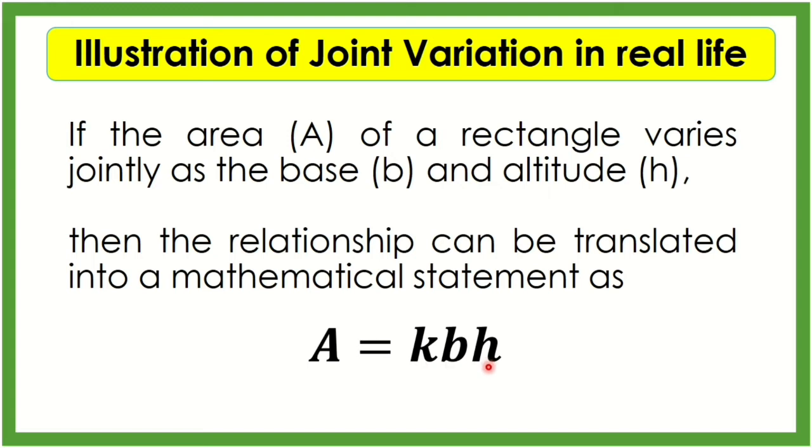So, in joint variation, imumultiply lang natin sa constant yung mga variables na B and H. Yung first variable or first quantity, yun yung naka-isolate dito sa left side.